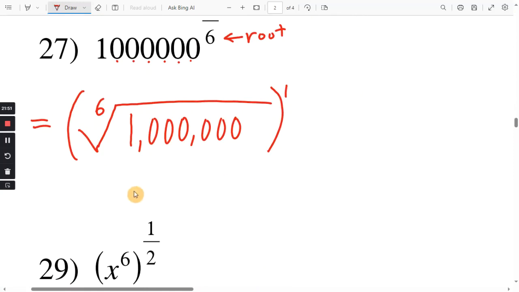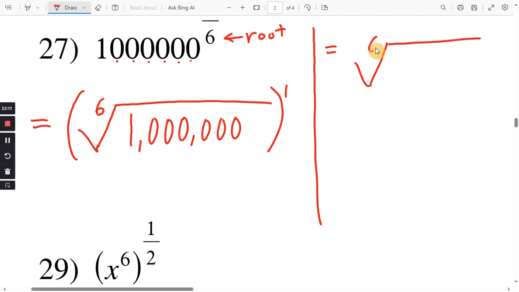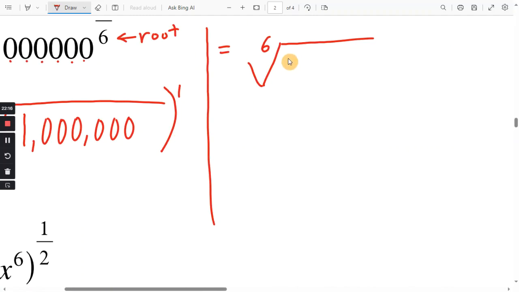Well, I know that if you take the number 10 and multiply it 6 times, you're going to have 6 zeros. So we can ignore the first power. That does nothing. This is the same as the 6th root, and this is 10 multiplied 6 times. So it's actually the same as 10 times 10 times 10 times 10 times 10 times 10.